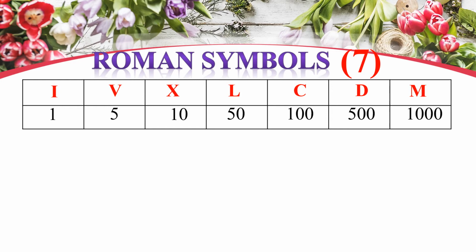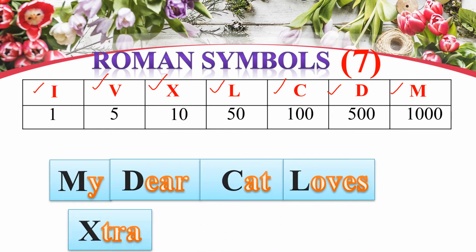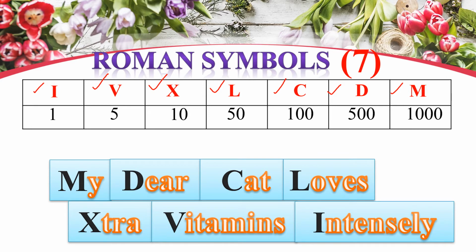Therefore, the Roman symbols I, V, X, L, C, D, M are mainly used to write the numbers in Roman numerals. To keep these symbols in our mind, I have written a sentence here: my dear cat loves extra vitamins intensely.